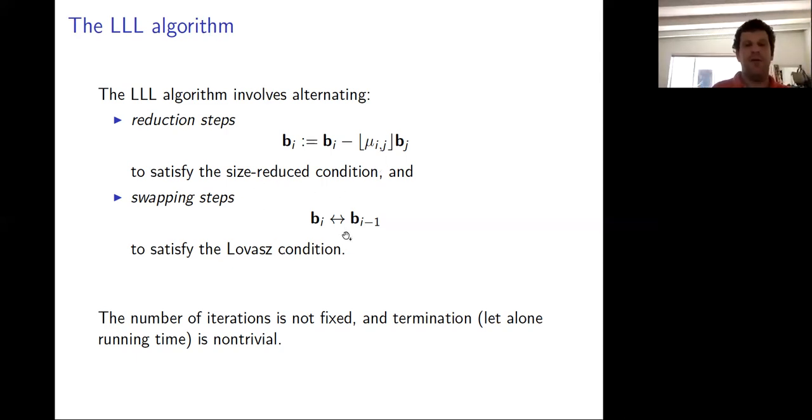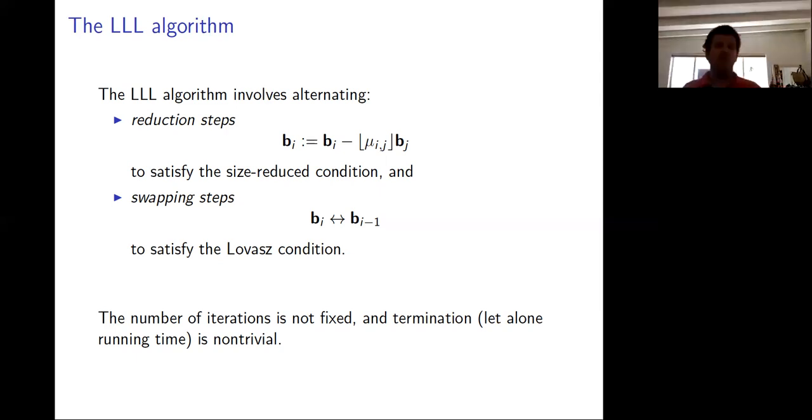And the other kind of step is just to swap two adjacent vectors, because if you don't satisfy the second condition, you might satisfy it by swapping two. The problem is, in trying to satisfy one condition, you can screw up the other one. So the number of iterations of these things and figuring out when you're supposed to swap is a little bit complicated. So it's not even obvious from the definition that this algorithm terminates. It does, it terminates in polynomial time, but this takes some work. That's the meat of their paper, part of the meat of their paper.